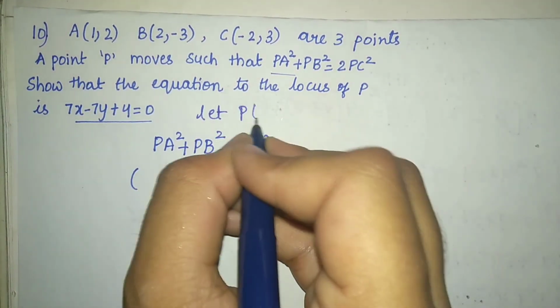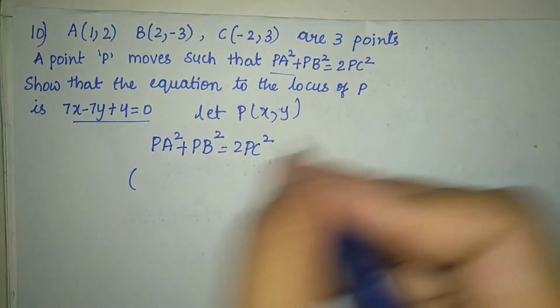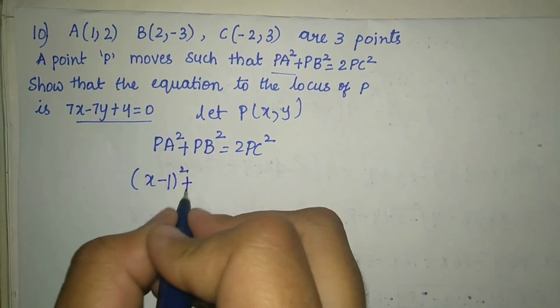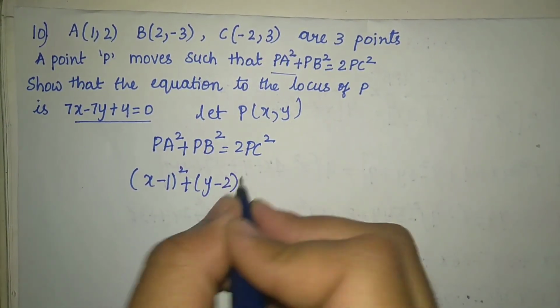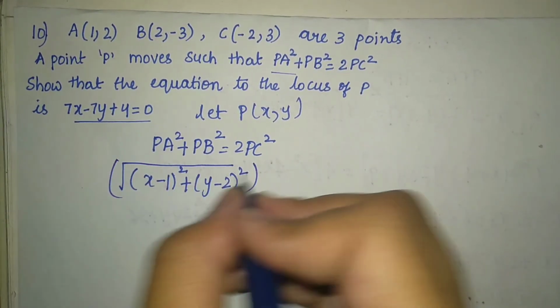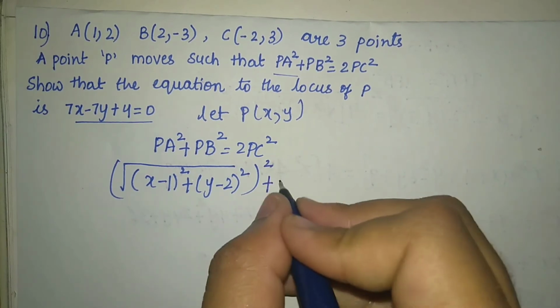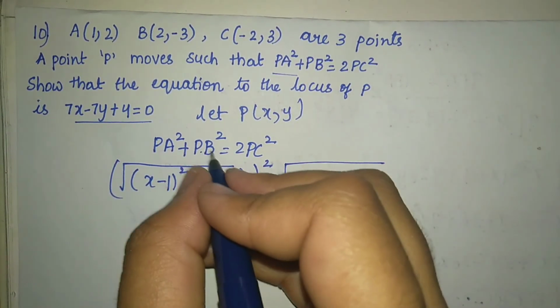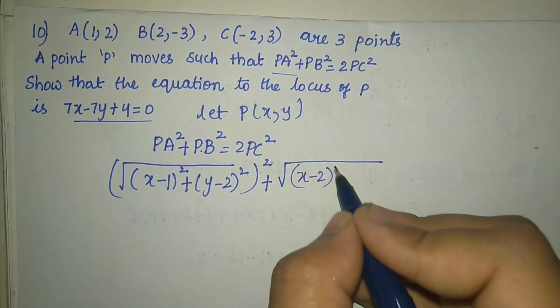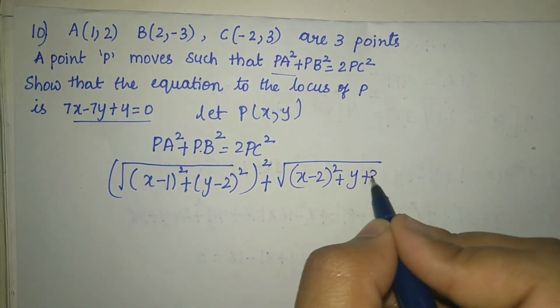So let P(x, y) be any point on locus. You will write that. And here PA is x minus 1 whole square plus y minus 2 whole square under root, and whole square, and PB is x minus 2 whole square plus y plus 3 whole square.